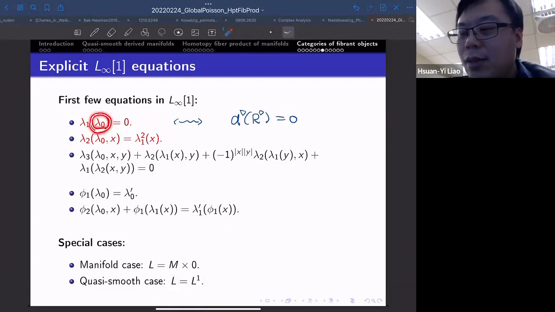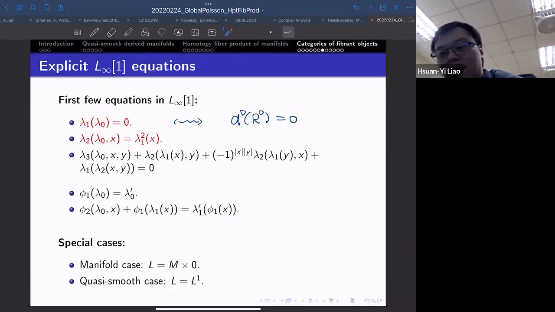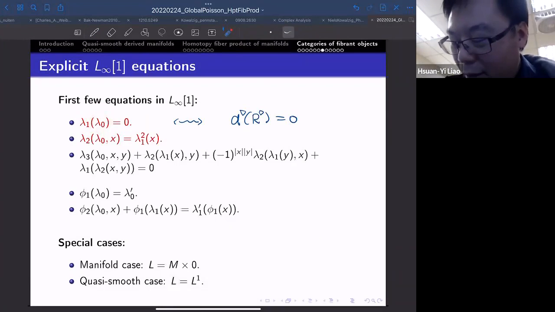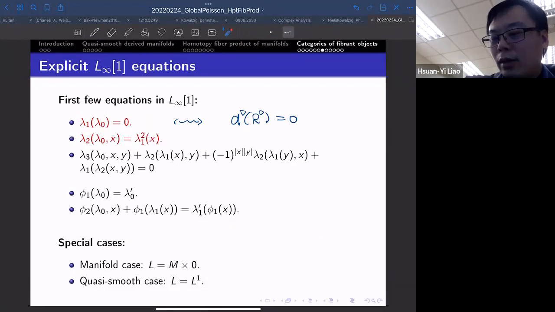When this lambda 0 is not 0, this is called curved L-infinity. And all these other things: this is a kind of coboundary map up to some curvature, and this is the Jacobi identity up to some homotopy.